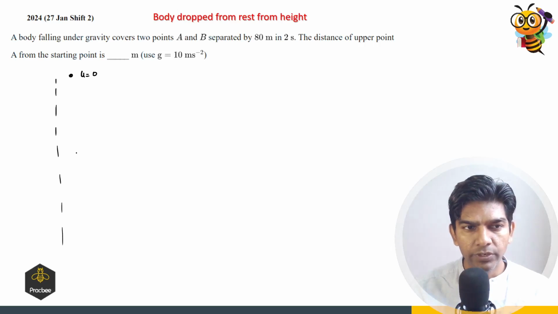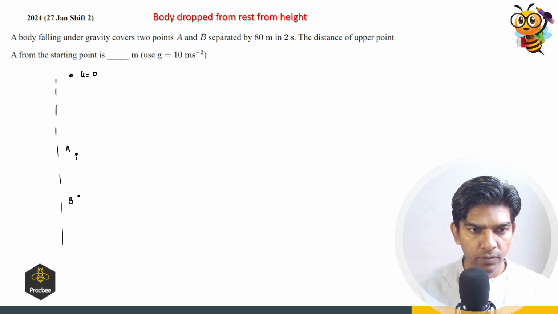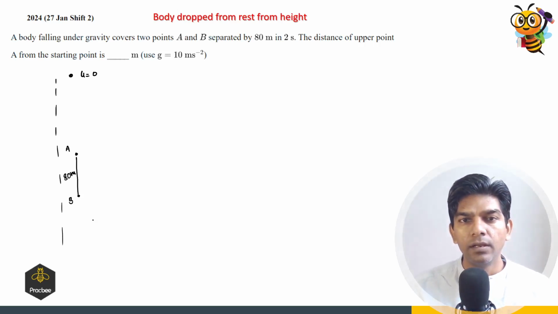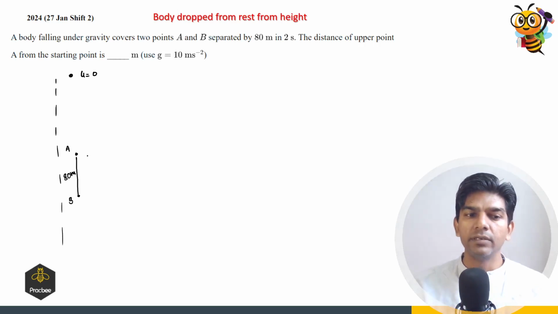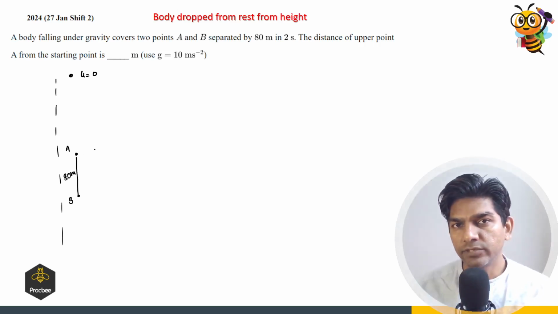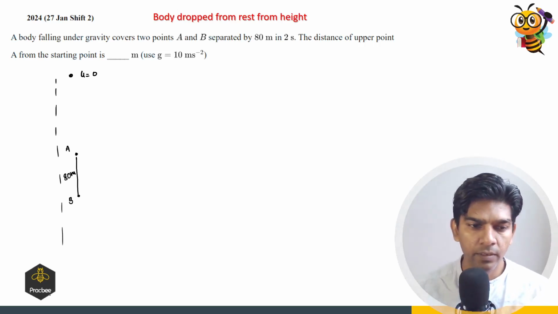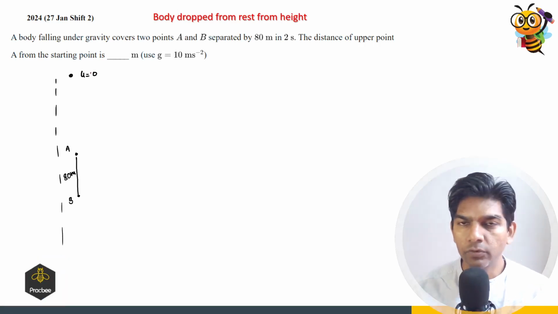And I'm assuming 2 points A and B, and the distance between A and B is 80. So this distance is 80 meters. And the ball covered the AB distance in 2 seconds. So that is given to us. And we know that we are dropping it from rest.